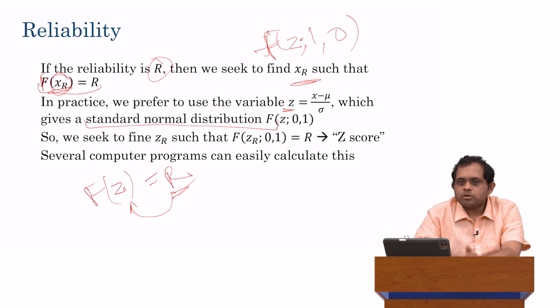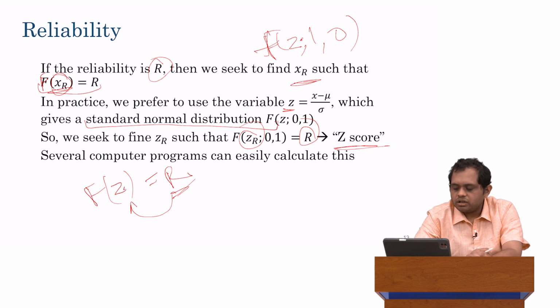Now, so then the problem changes slightly, that instead of using this normal distribution, we now normalize everything to the mean and the standard deviation, and we use a standard normal distribution. So the question changes a little bit. Given that we want some reliability in R, we want to know what is Z_R that corresponds to that reliability. And that Z_R is sometimes just called the Z score, depending which country you're in.